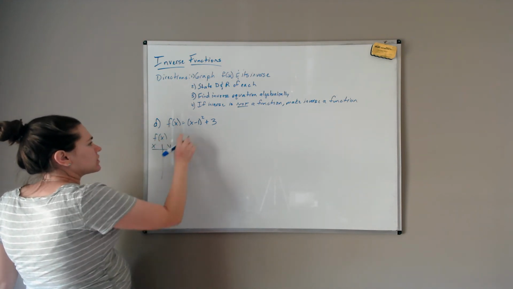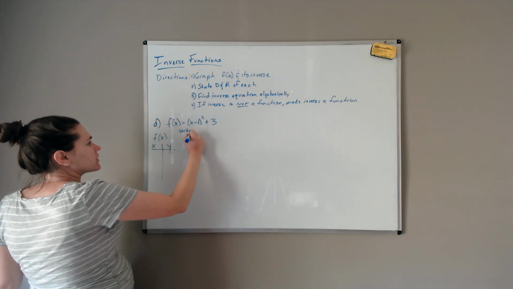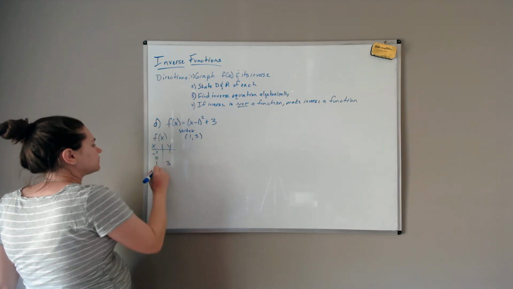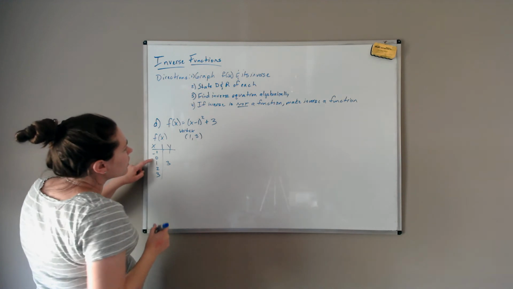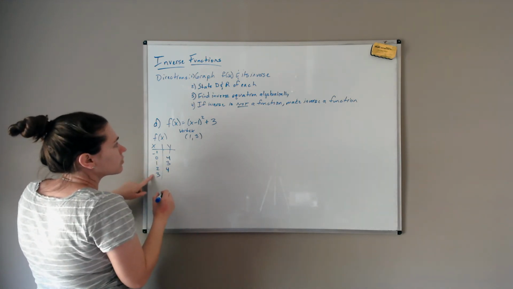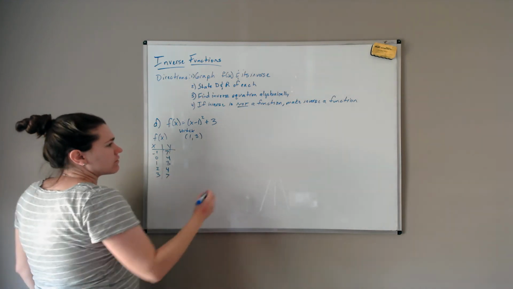It's in vertex form, so we can name what the vertex is. The vertex is 1, 3. If we plug in 0, we're going to get 4. So that means if we plug in 2, we're going to get 4. If we plug in 3, we're going to get 7. If we plug in -1, we're going to get 7.